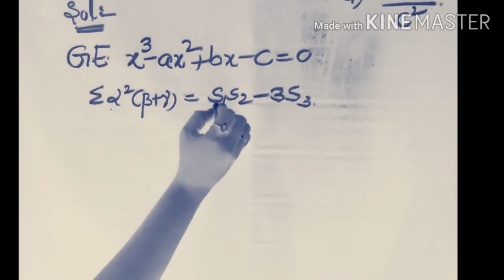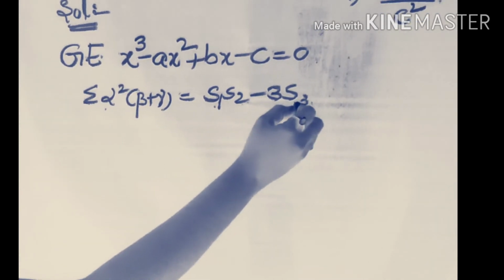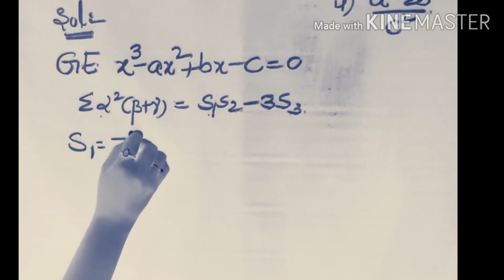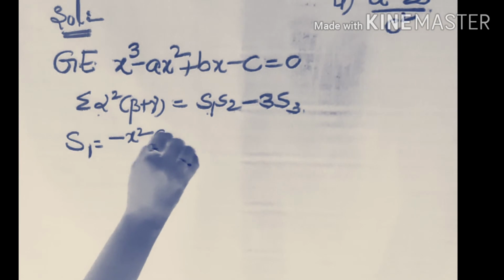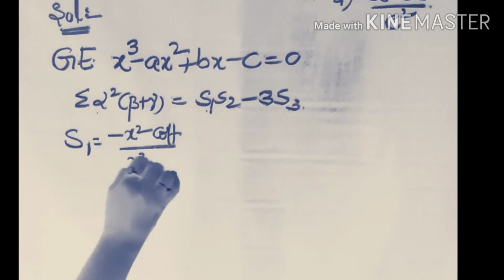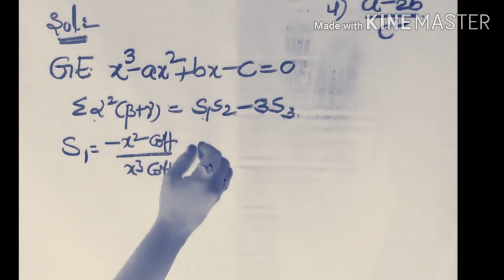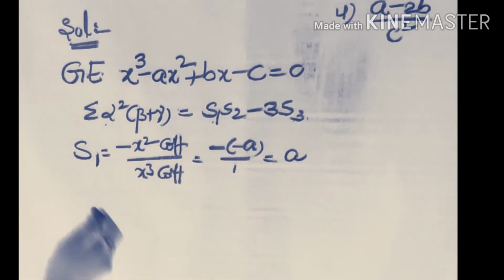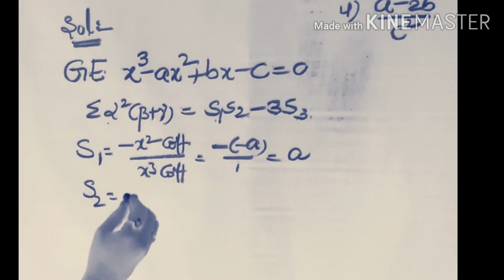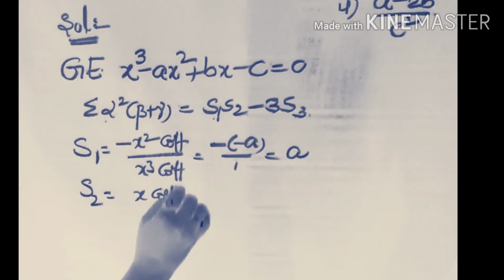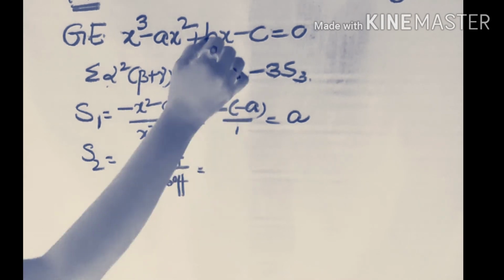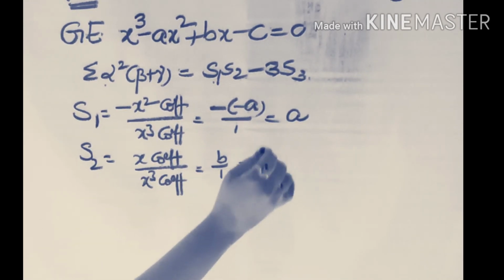This is the formula which is used to find the value of sigma alpha square into (beta plus gamma). So first for that we are finding the values of S1, S2, S3. S1 is equal to minus x square coefficient by x cube coefficient, that is minus (minus a) by 1, which is equal to a. Now S2 is equal to x coefficient by x cube coefficient, that is b by 1 equal to b.